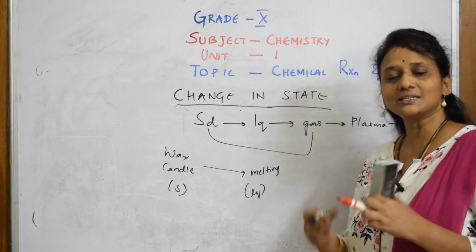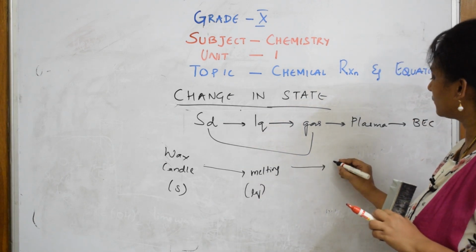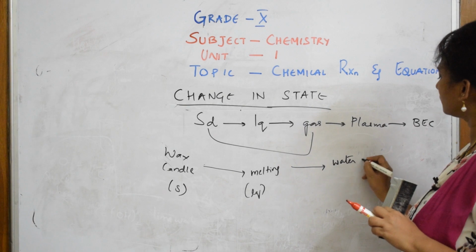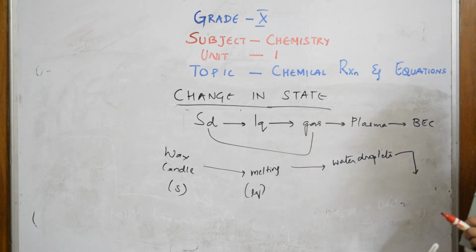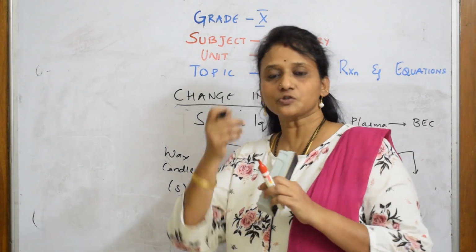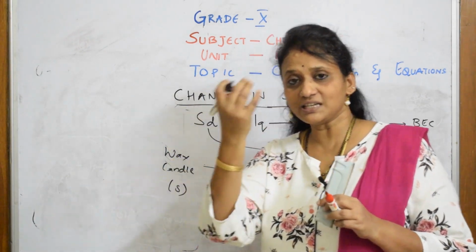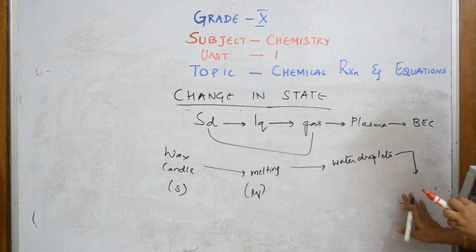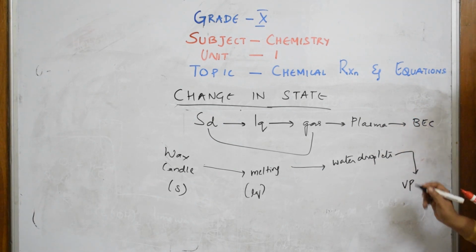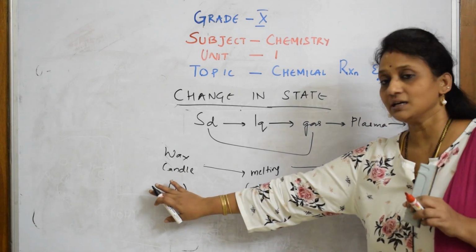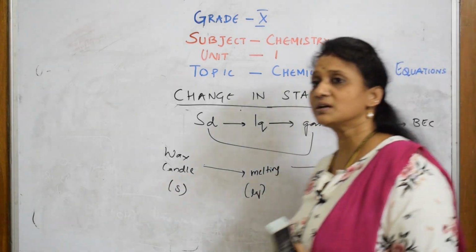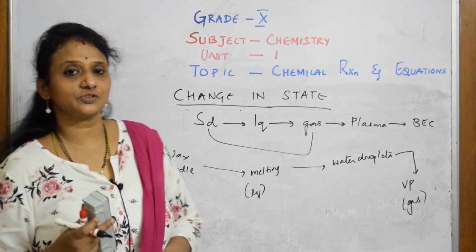After some time, it starts giving out water droplets, and finally you will see the formation of vapor on the surface of the candle. You'll see the vapors form, the fumes form. So the vapor is nothing but the gaseous state. Isn't it a change of state? From solid it has converted to liquid, from liquid it has converted to gaseous or vapor phase.